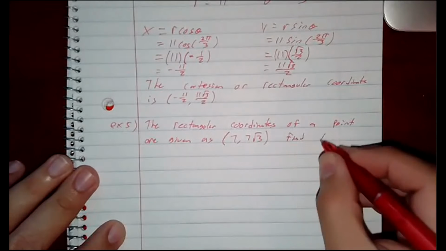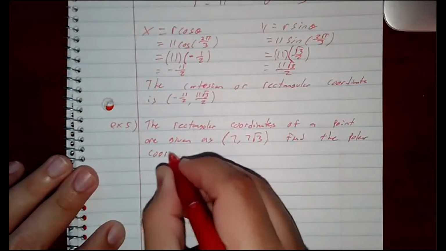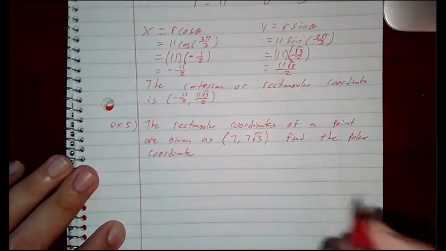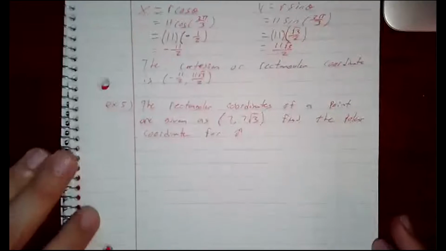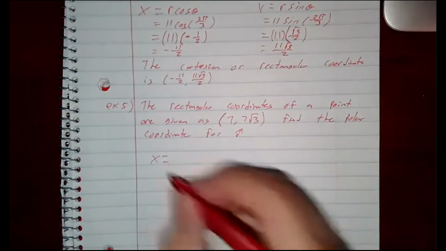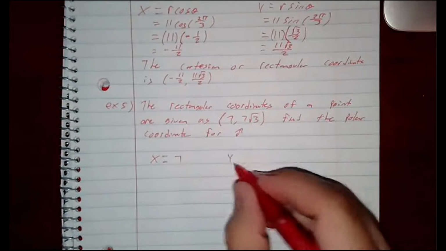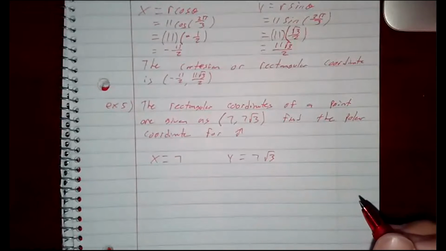Find the polar coordinate for the one they gave us, right? Okay. So we have x. We have y. We do not have r.